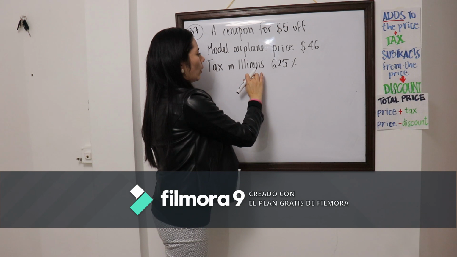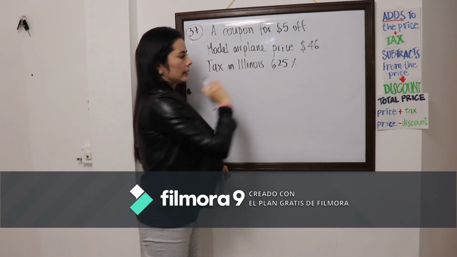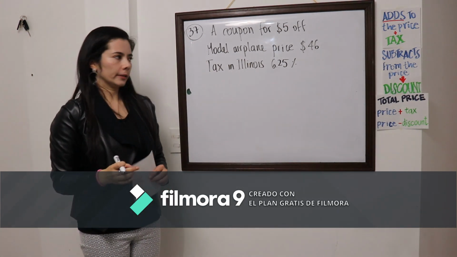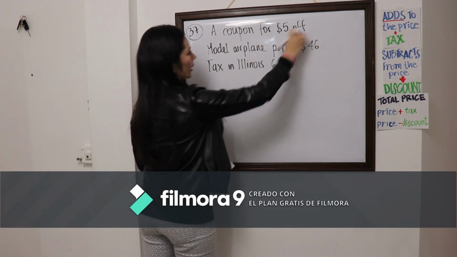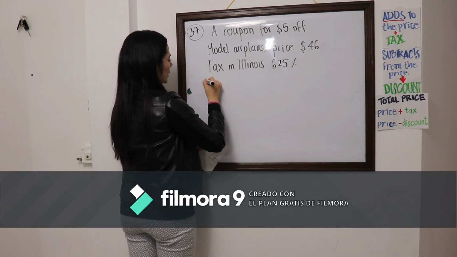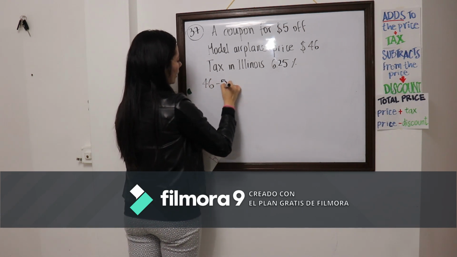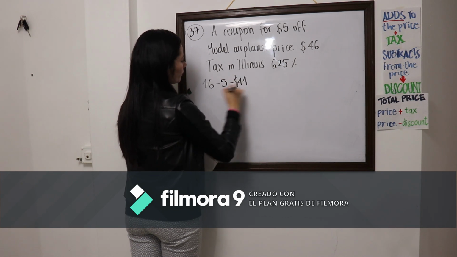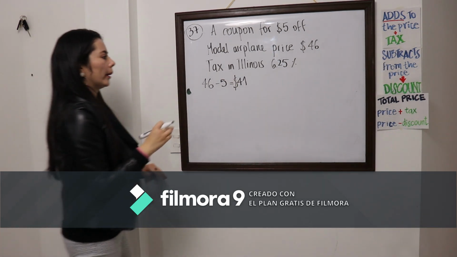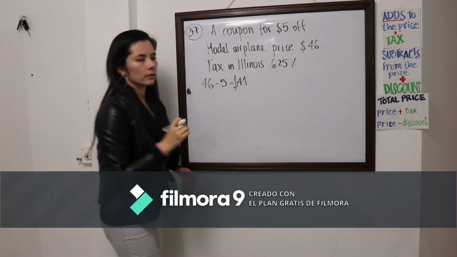And the tax in Illinois is 6.25%. What I'm going to do here now is, first I'm going to take care of the coupon. So I'm going to take 46 minus $5, that's going to be $41, okay? Then I want to get the tax.